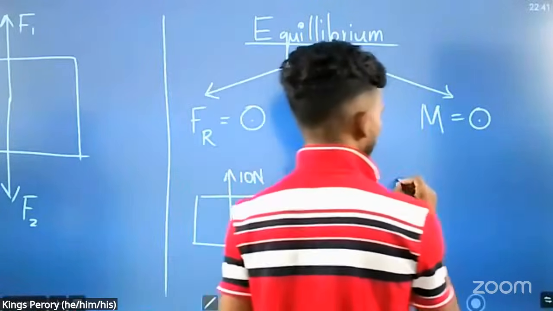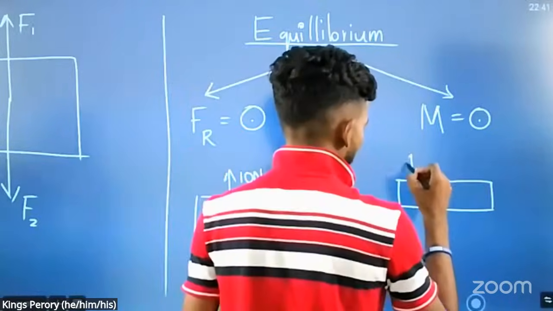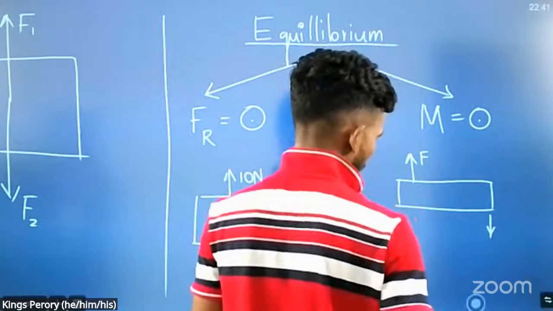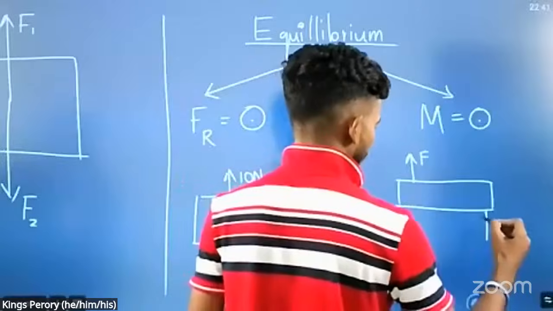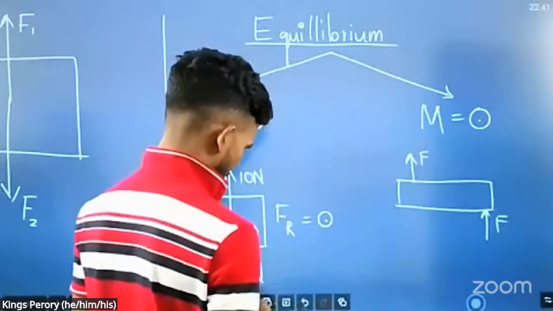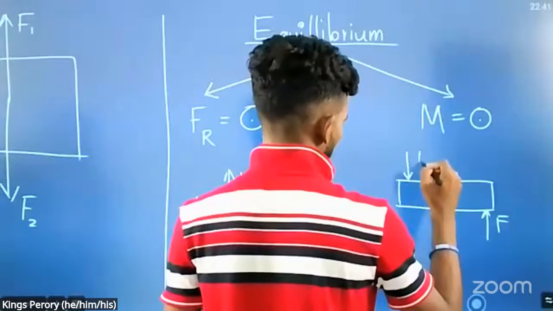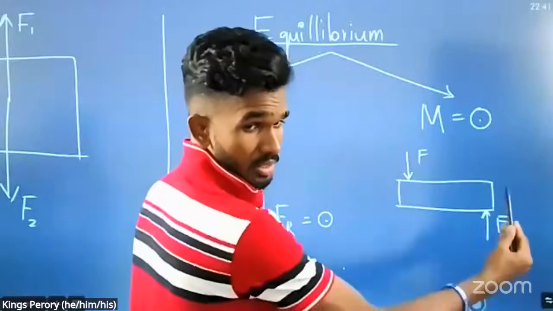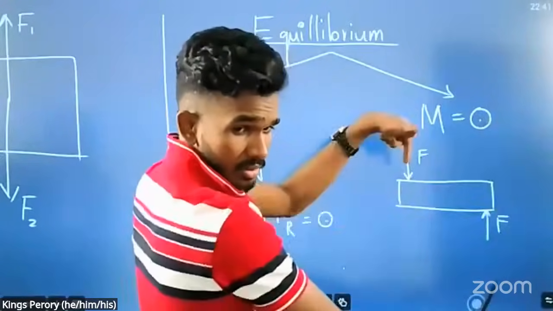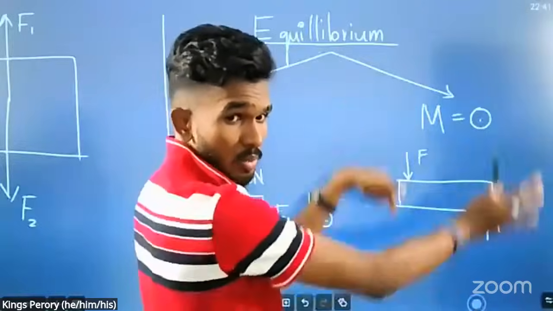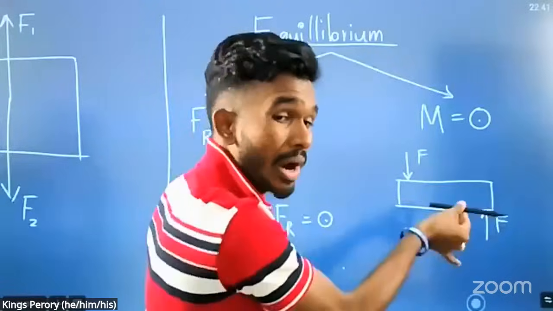For example, if you take a rod, and you have a force upward and a force downward, two forces in opposite directions at two different positions. What will happen to the rod?